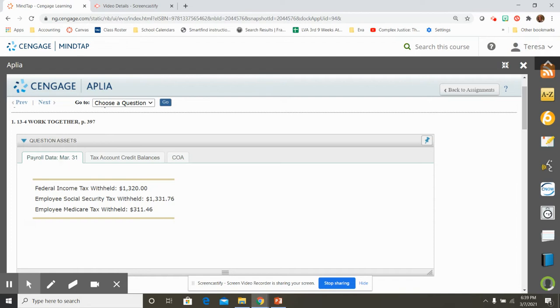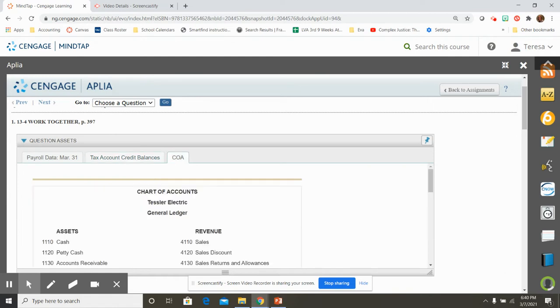We have our payroll data for March 31st, and this is going to include our employee tax information and then our Social Security and Medicare that are from our employer. And then we have our unemployment tax balances. And then finally, we have our chart of accounts information.